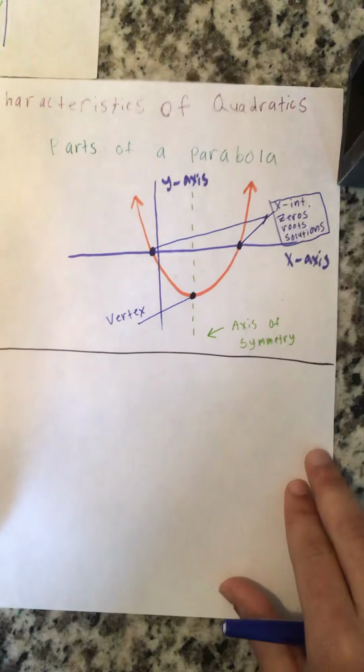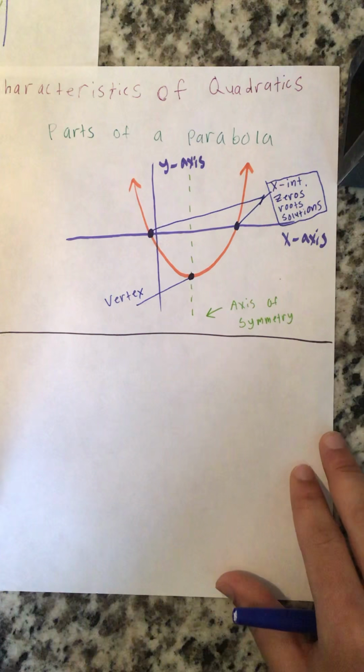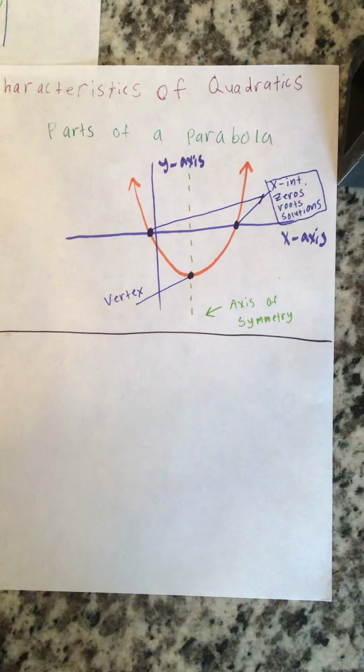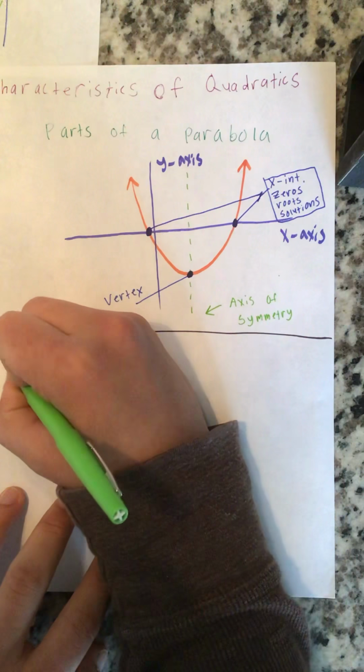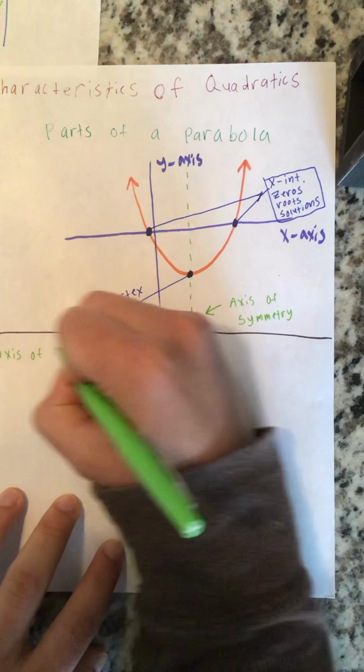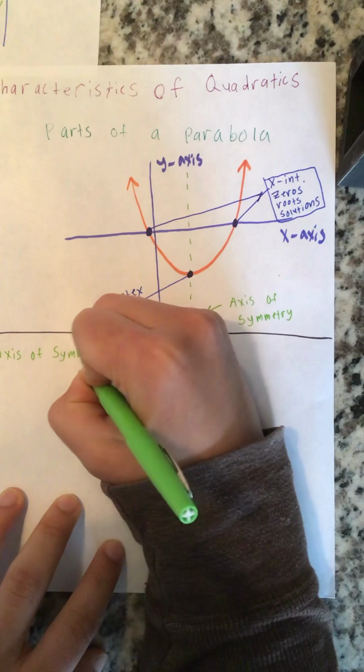Going down, we're going to start to define what each of these mean. We're going to start with axis of symmetry.